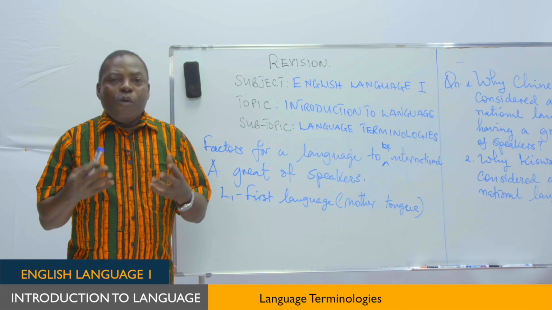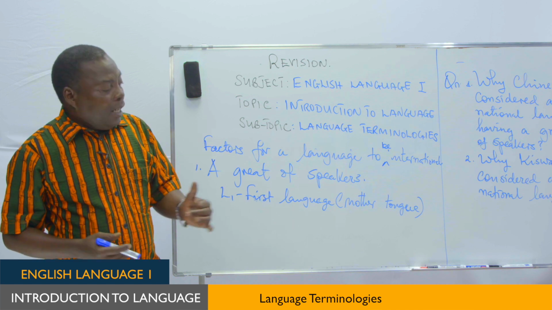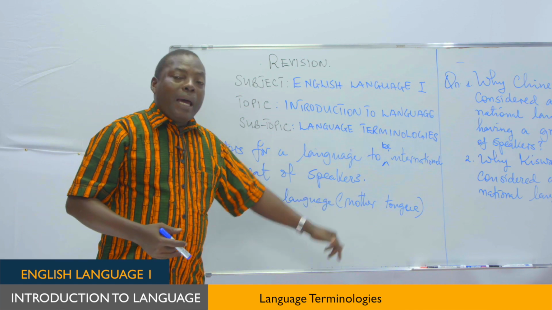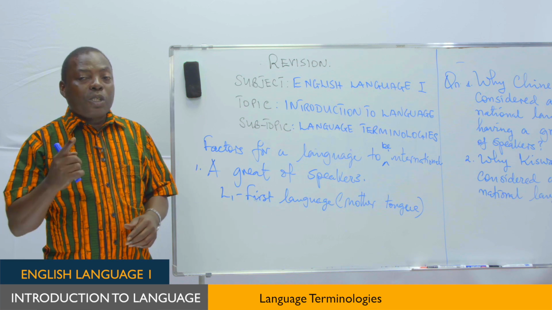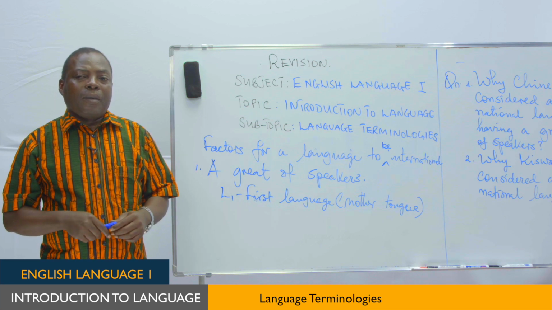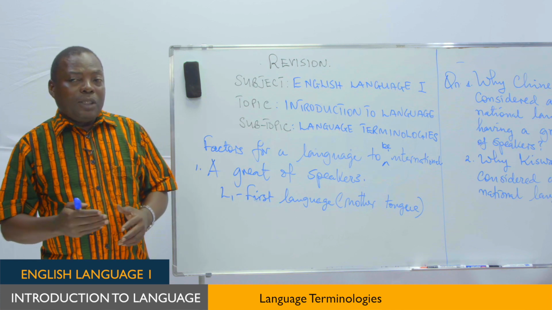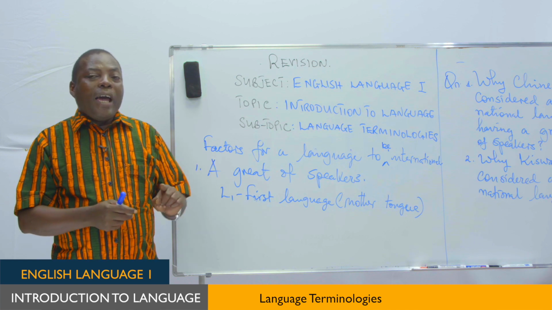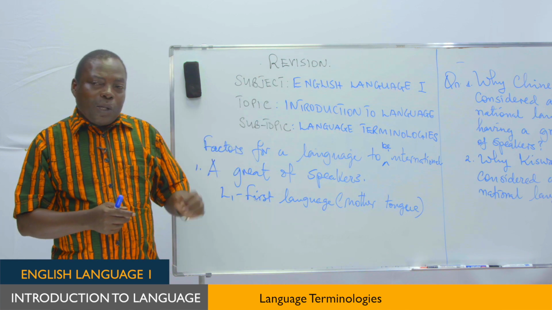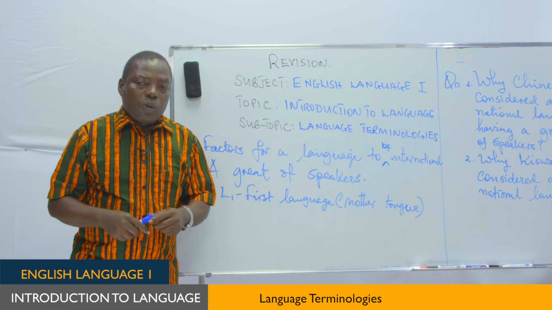He acquired it from childhood. And as I said, it is sometimes also called a mother tongue. But it's not necessarily the language which is spoken by your mother. Your mother might be speaking a different language, and yet you are brought up in a situation where a different language is spoken. So that language which you encounter as you are brought up becomes your mother tongue.